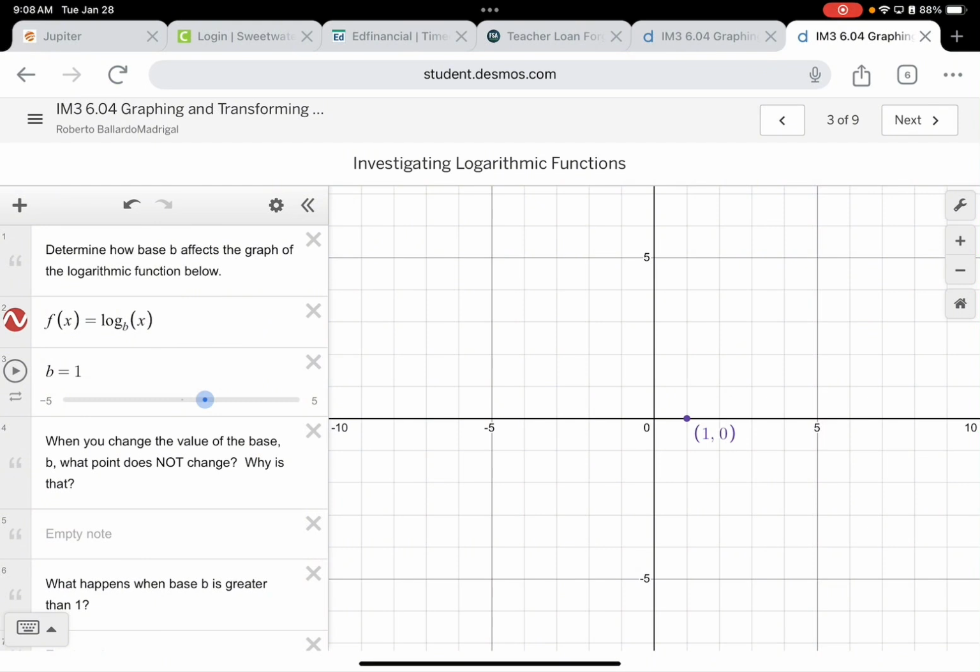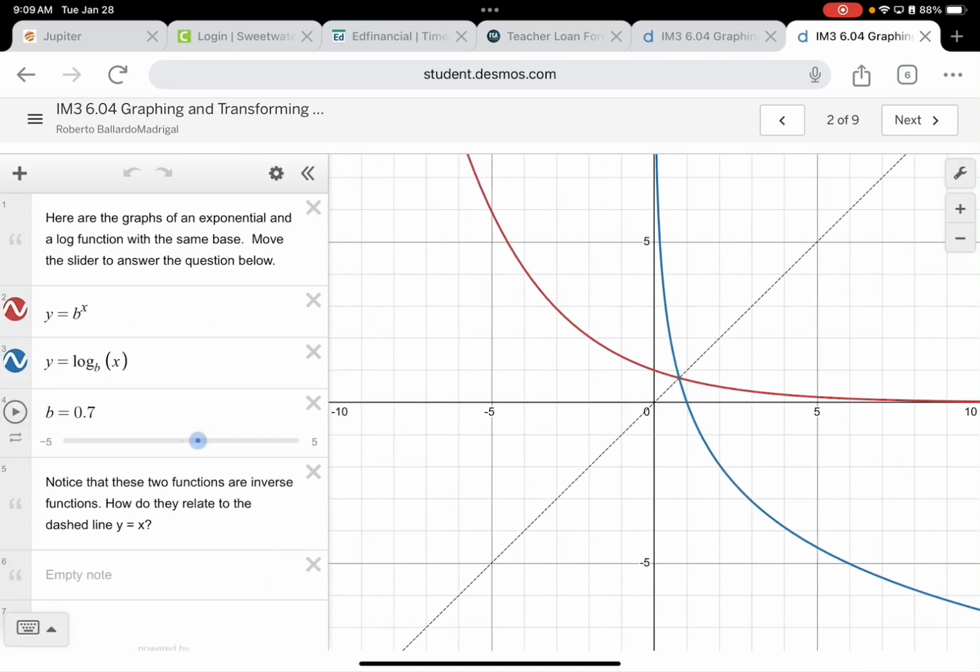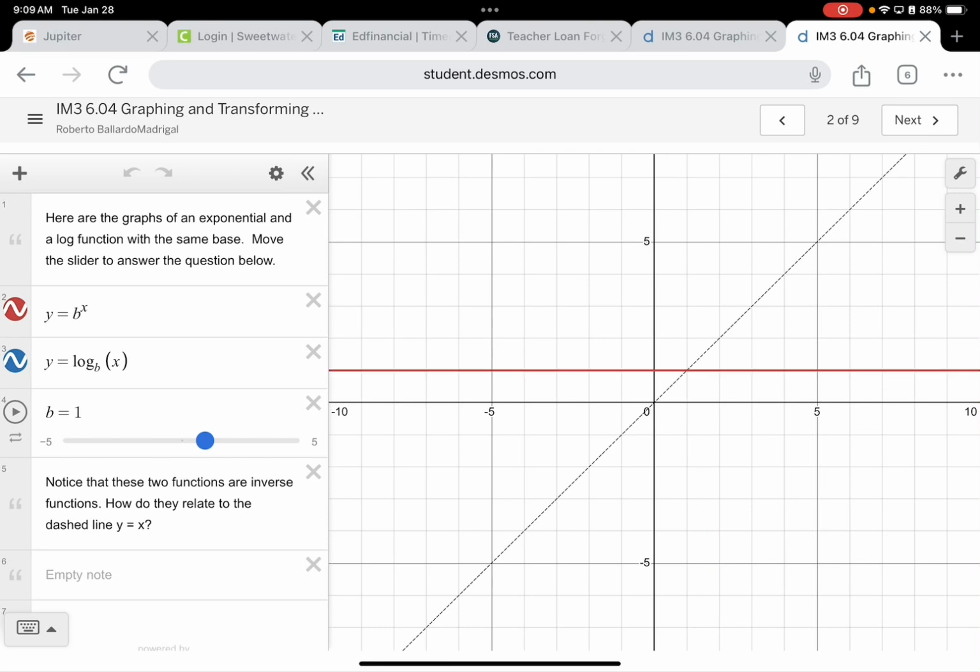Now, the reason why this happens is because this would not be displayed, otherwise it wouldn't be a function. And what I mean by that is, think about the following. Going back to an exponential function, let me show you in the last slide. I think it makes more sense with the last slide. When I make this exactly equal to 1, you will notice that I get a straight line.